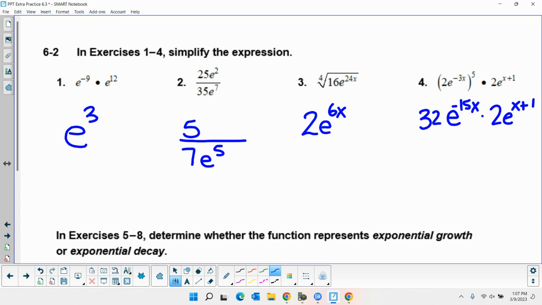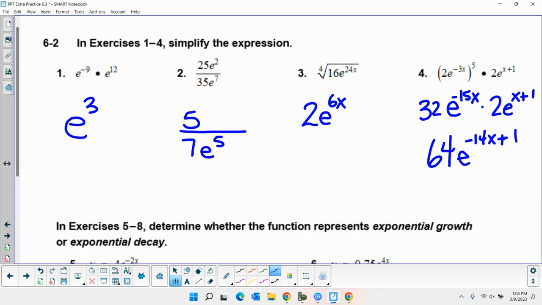Some of us remember to multiply these, but we forget to take the 2 to the 5th power sometimes. Now I go 32 times 2 is 64. E, and then what do we do over here with them? We add it, right? And that's what we're doing here. Negative 15x plus 1x is negative 14x and plus 1. Okay. Questions?